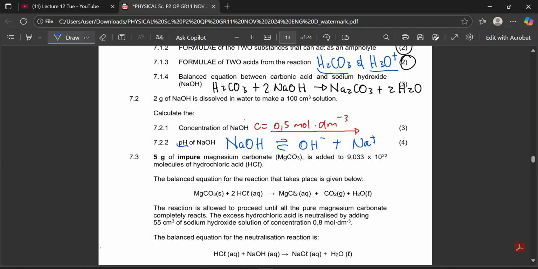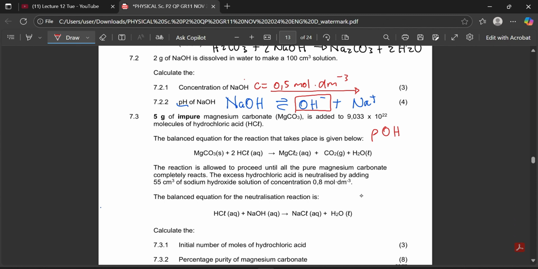I can easily get the OH minus concentration and then use my pOH equation. From there I can use the fact that pOH plus pH gives me 14. Therefore, pH would be the difference of 14 and the pOH, right? So that's our plan of attack.